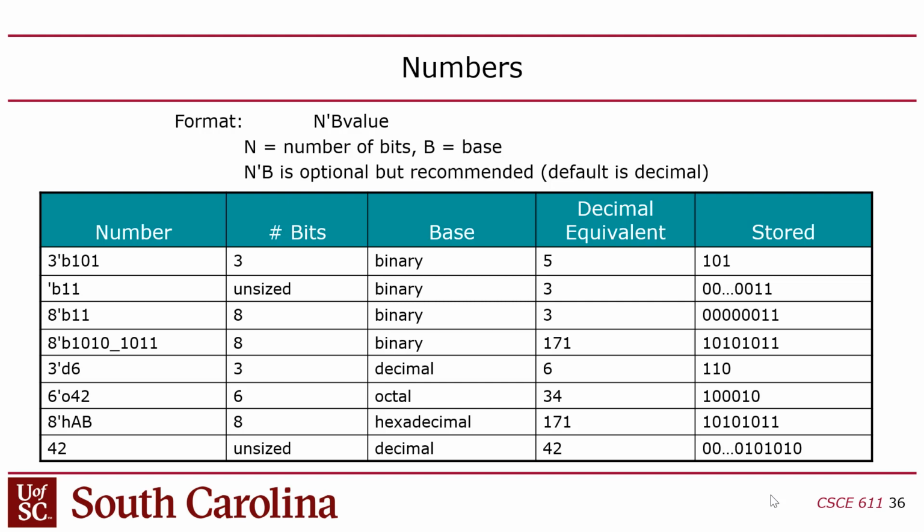So for example, if you put 8 apostrophe B11, that's actually 11 in binary, which is 3 in decimal, and you're putting it in 8 bits, which means that there's going to be 6 leading zeros and 11, right?